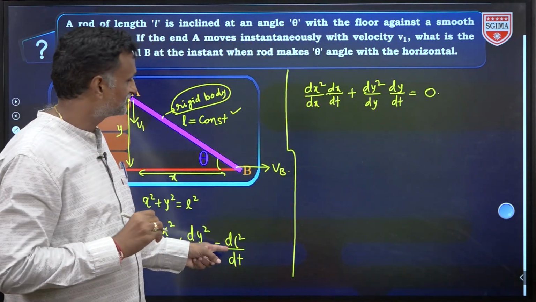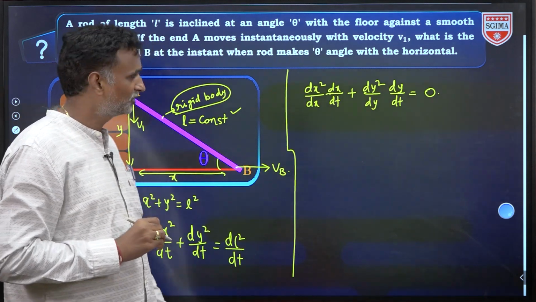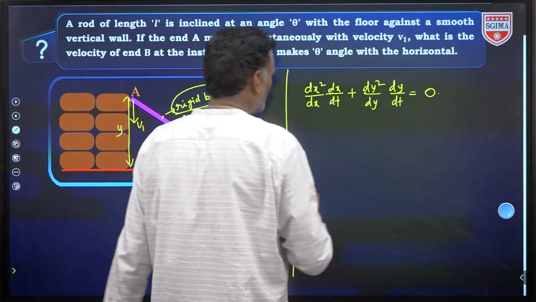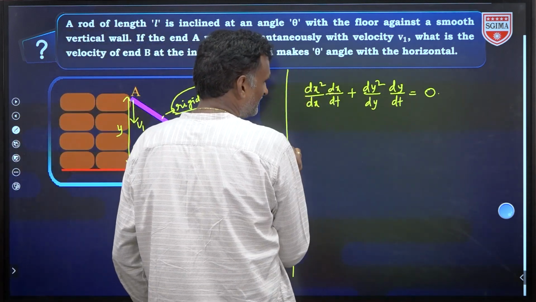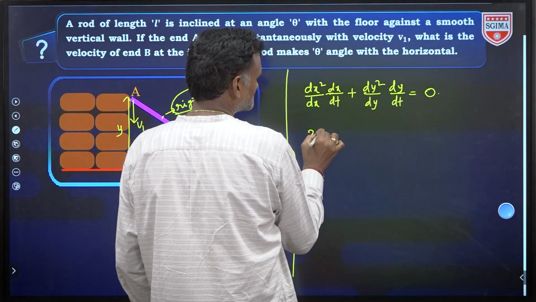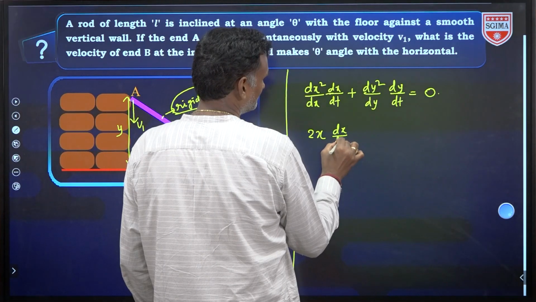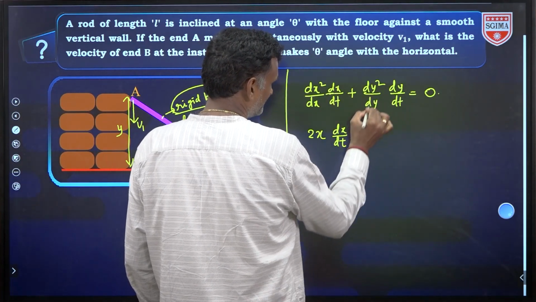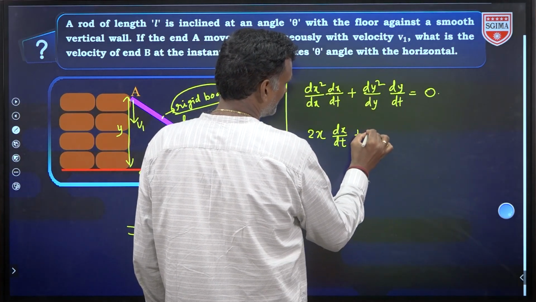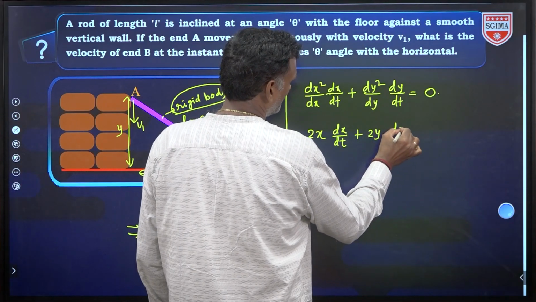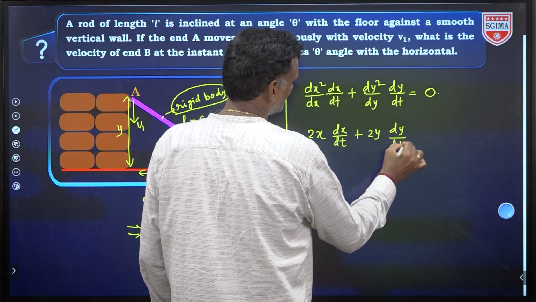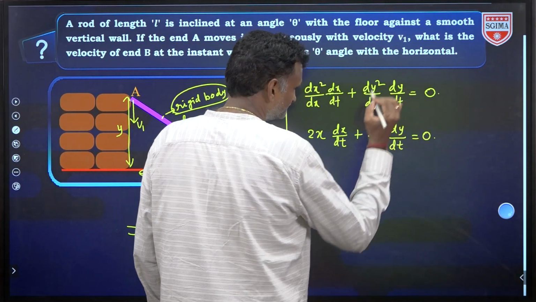Why have we written 0? I told you L is constant. So, now d(x square)/dx can be taken as 2x, so we write 2x dx/dt, plus d(y square)/dy, which is 2y, times dy/dt, equals 0.